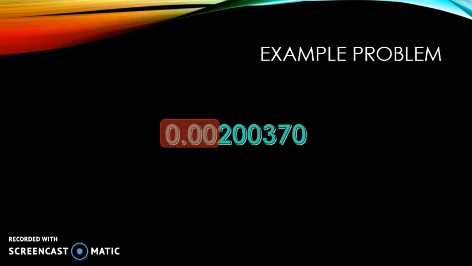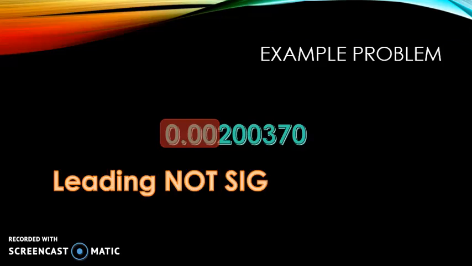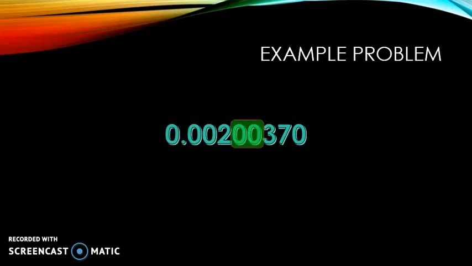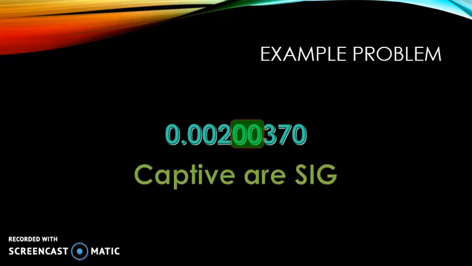So these are leading up to the 2. These are placeholder style zeros and are not considered to be significant. Leading zeros are never significant. Well, what about those 2 zeros that are sandwiched between the 2 and the 3? Again, if you're stuck between 2 non-zero numbers, somebody probably measured them, and captive zeros are considered to be significant.